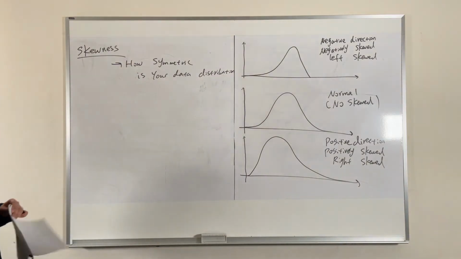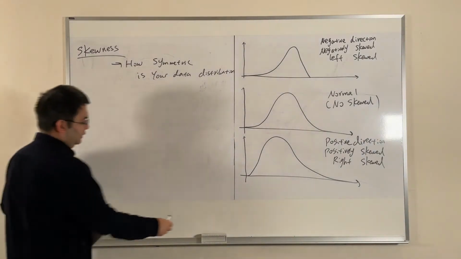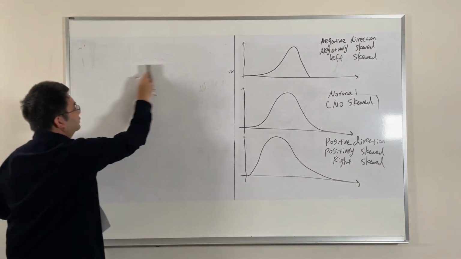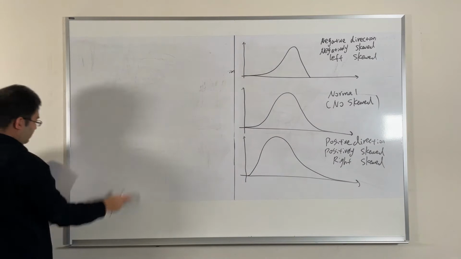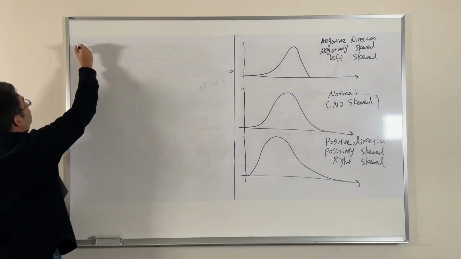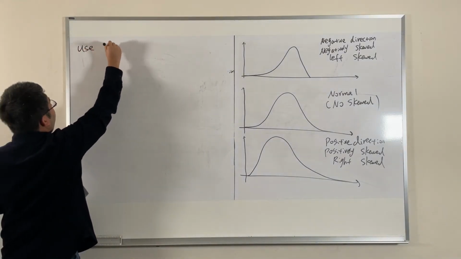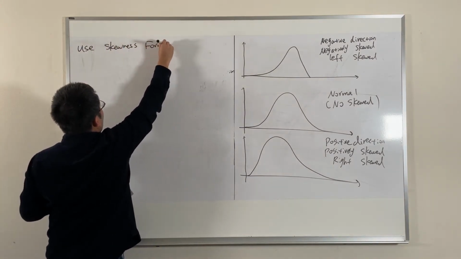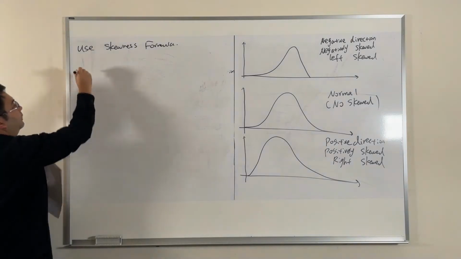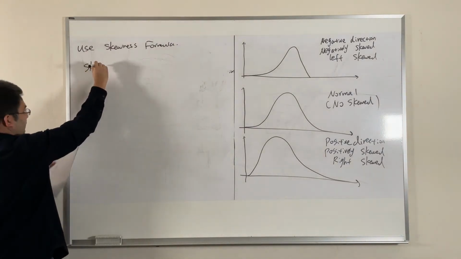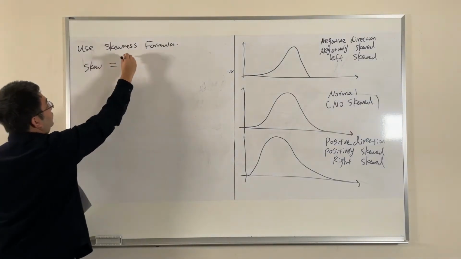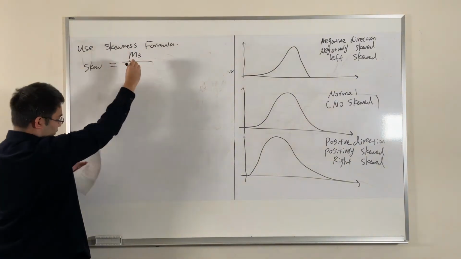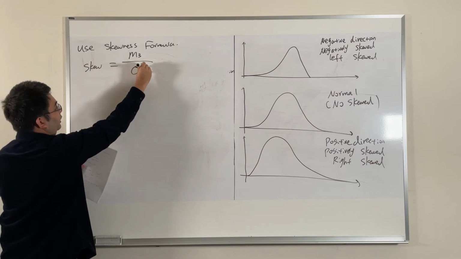Next, we're going to do it from calculation. We're going to use the skewness formula. The formula: skew equals M3 over sigma cubed.